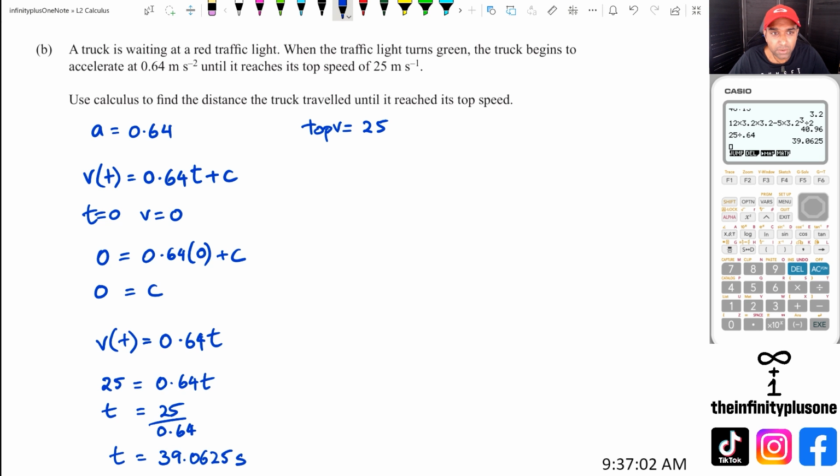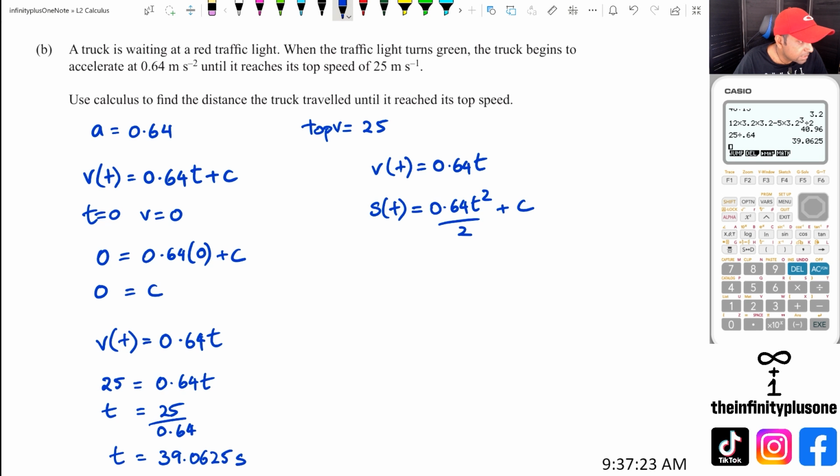But I need to actually figure out how much distance it's traveled. So I need to work out what the distance formula is. Now, if the velocity formula is 0.64t, then the distance formula would be 0.64t squared over 2 plus c. And once again, because it's starting at that traffic light, the initial distance is going to be 0.